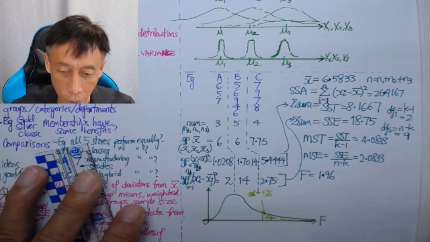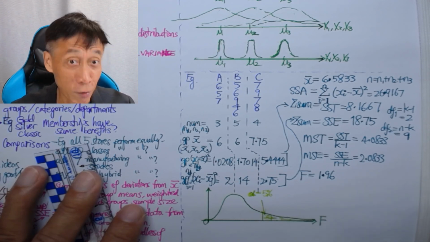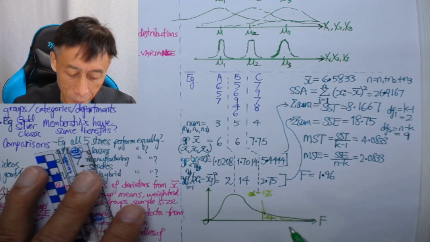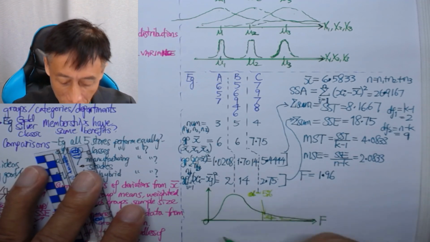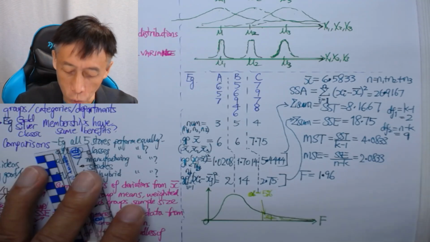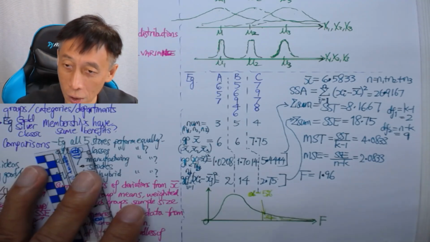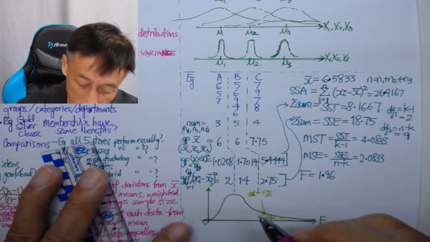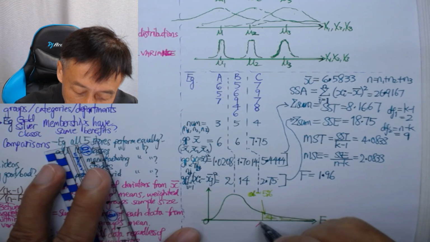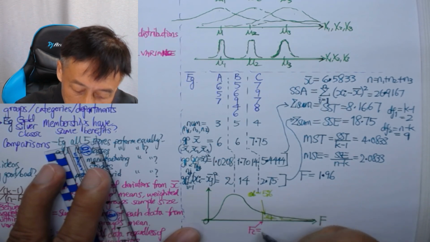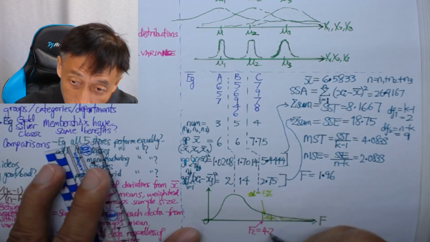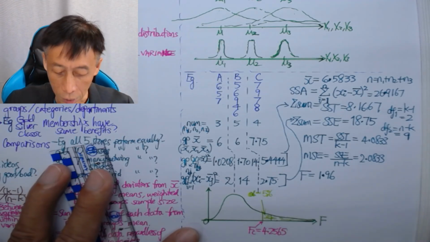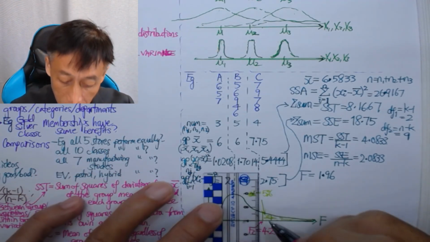In R, you can do qf, where q gets back the quantile for 95%. No matter what you do, you should finally get an FC, the critical value, of 4.2565.